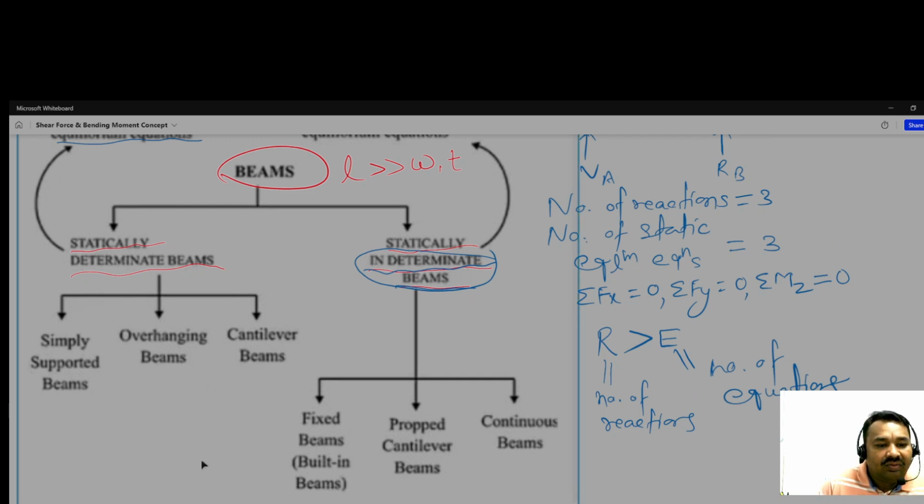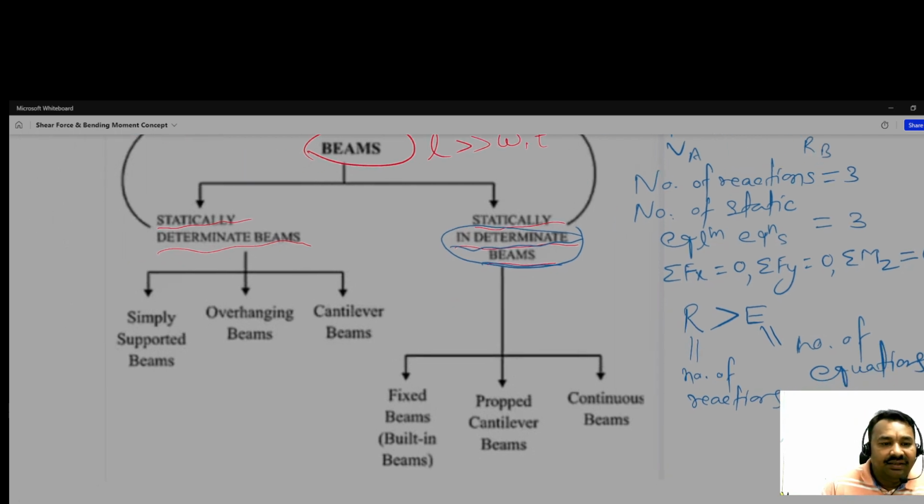What are the types of determinate beams? There are three types. First, simply supported beams, then overhanging beams, and then cantilever beams. A simply supported beam is just supported by a hinge or roller.